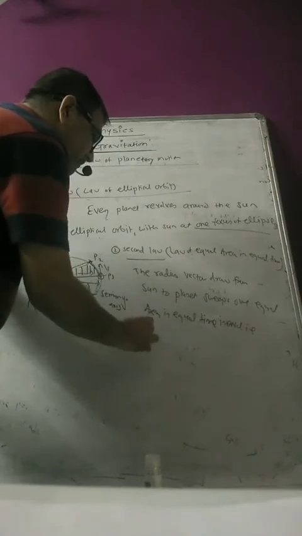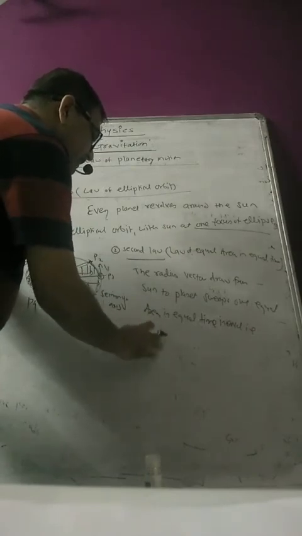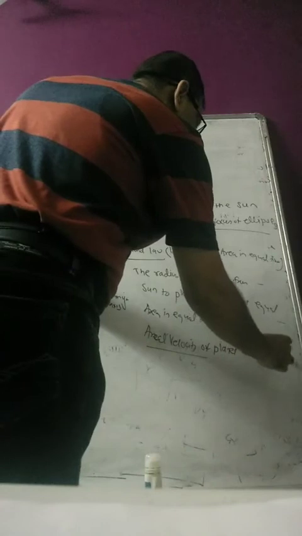That is, the areal velocity of a planet around the sun remains constant.